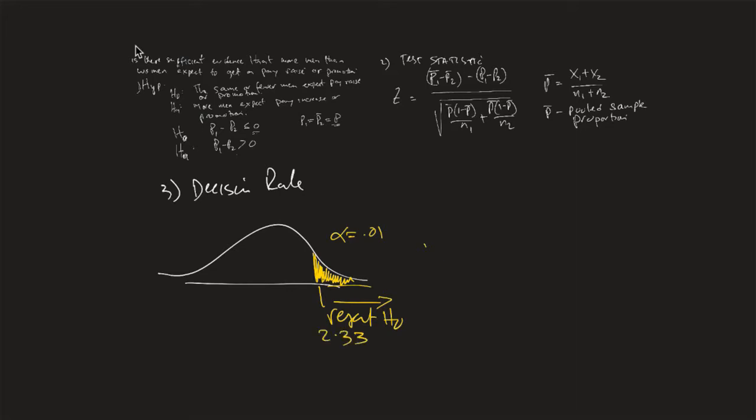So if z is greater than 2.33, we will reject the null hypothesis. Otherwise, we fail to reject it. Let's do step 4.